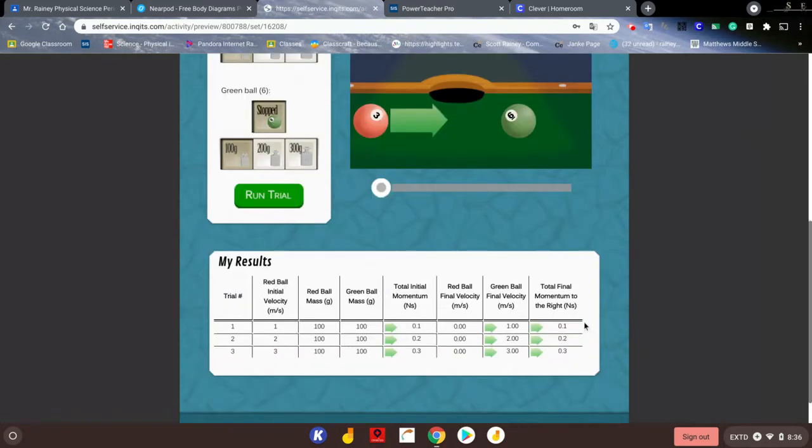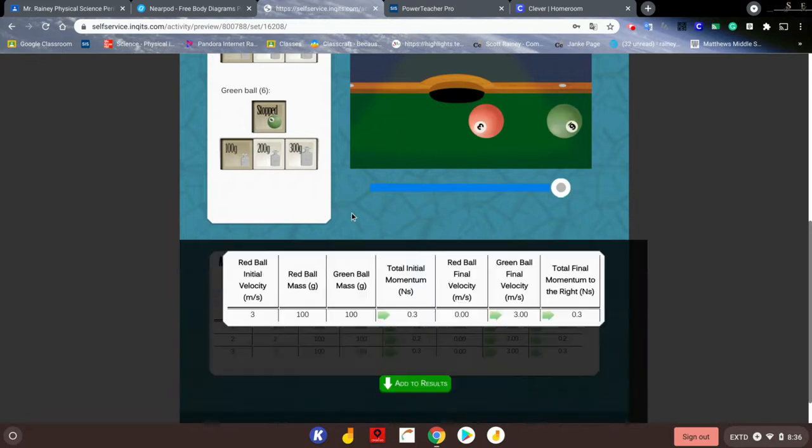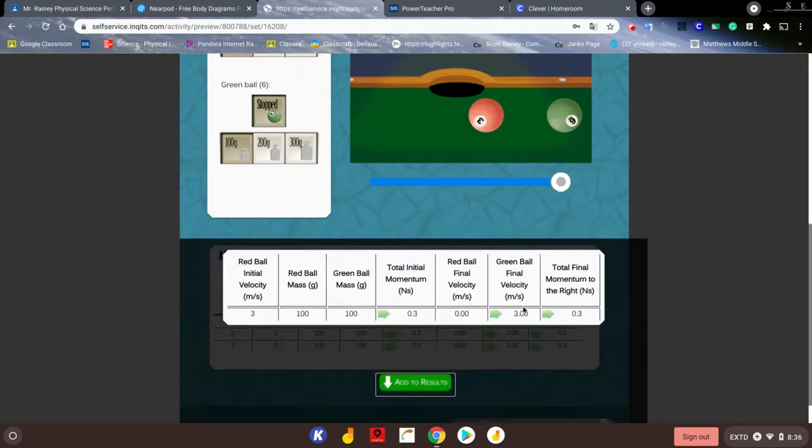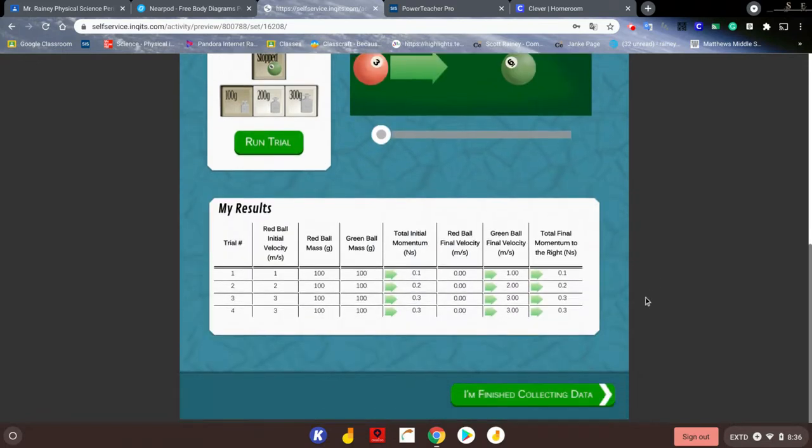As I increase the speed of the initial velocity of the red ball, I can't lose momentum, so the momentum increased. And that's just another trial. All right, so finish collecting data.